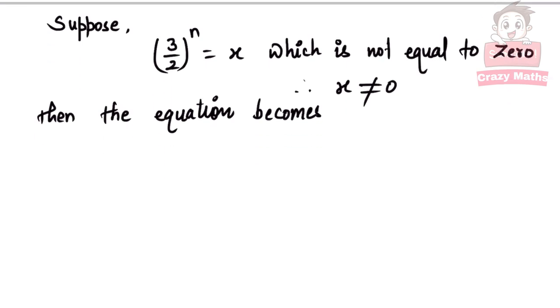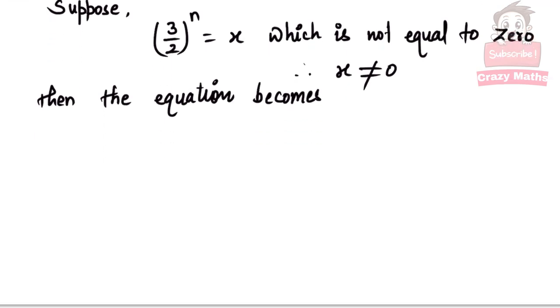Then the equation becomes x minus 1 upon x equal to 1.